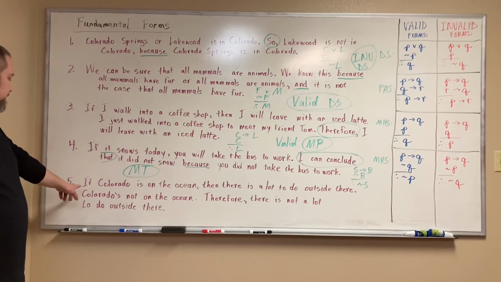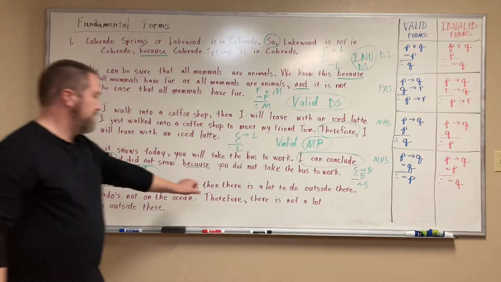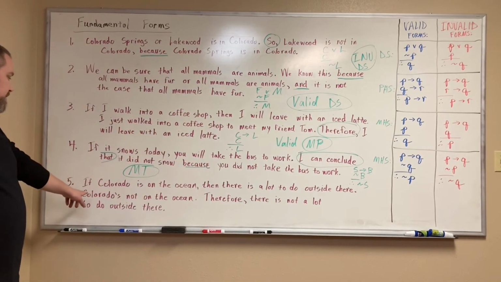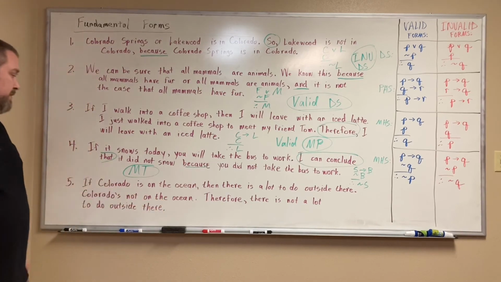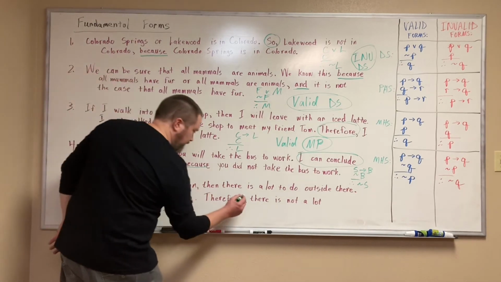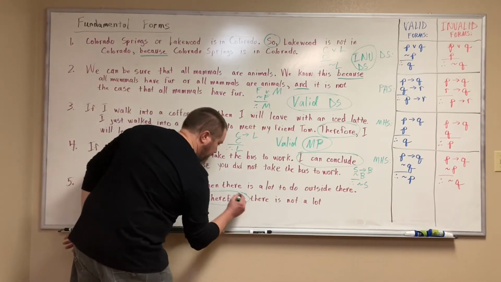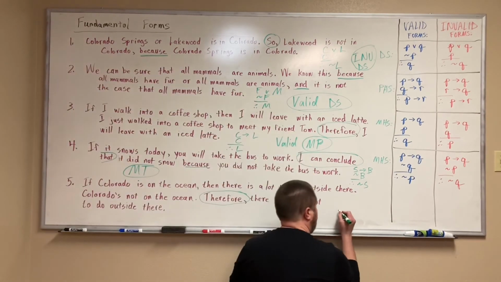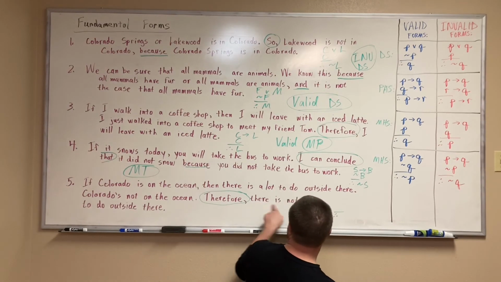So number 5, if Colorado is on the ocean, then there is a lot to do outside there. Colorado's not on the ocean. Therefore, there's not a lot to do outside there. So therefore, is going to be our conclusion indicator. Squeeze it in down here.